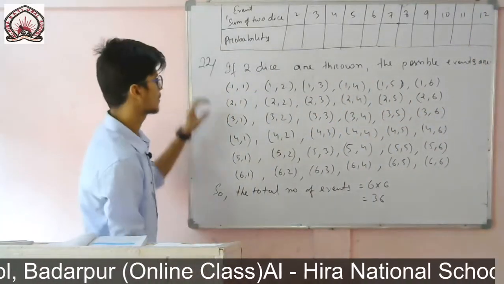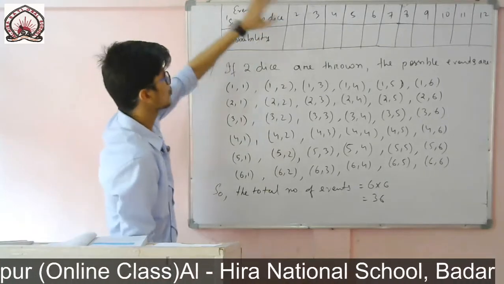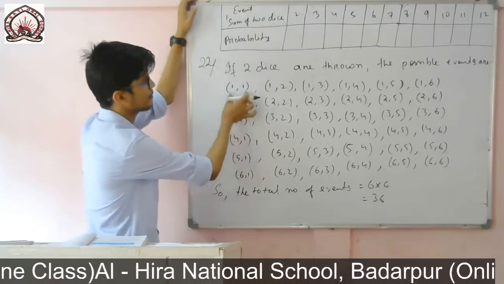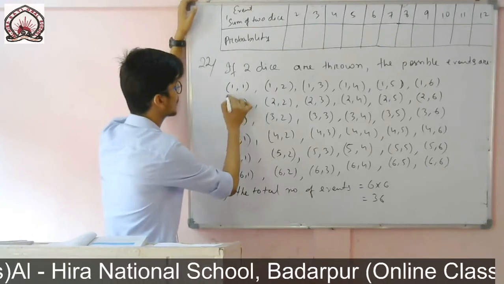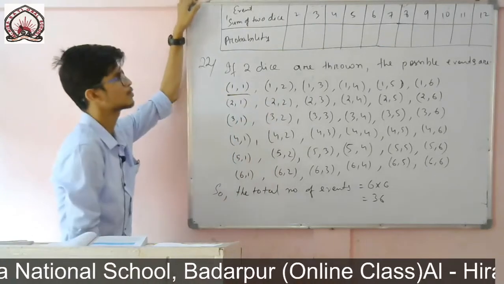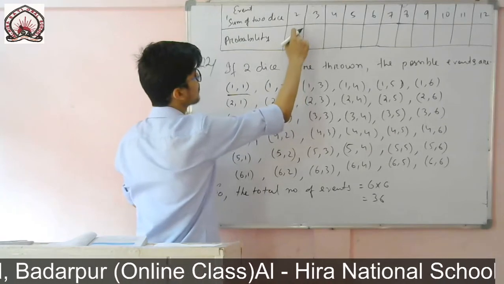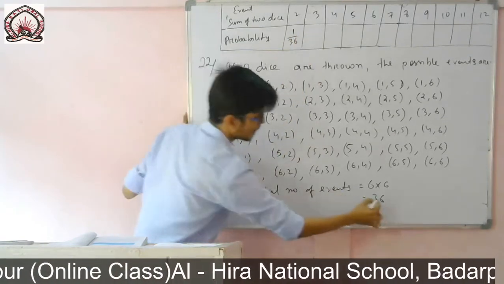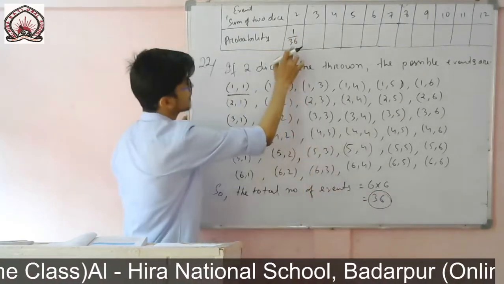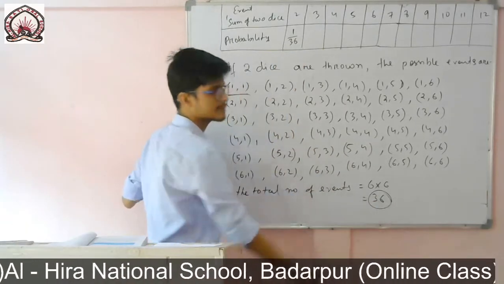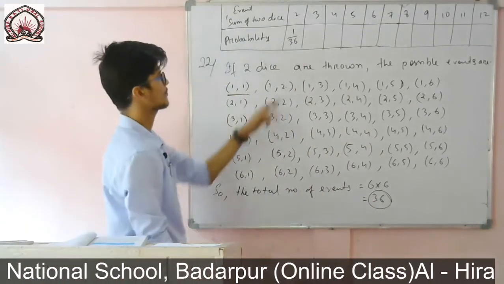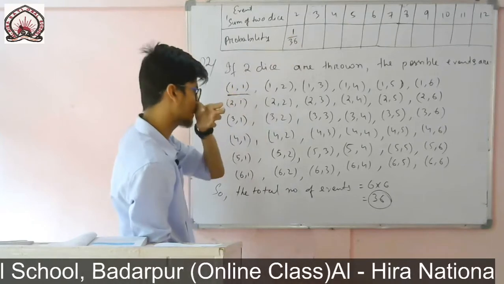You see, to get the sum 2, how many events are there? Possible events are there only one time, 1 plus 1, 2. So out of 36 only one time. This is the favorable outcome, and this is the total possible outcome. Directly I have written 36. 36 is the total possible outcome, and the favorable outcome here is 1.